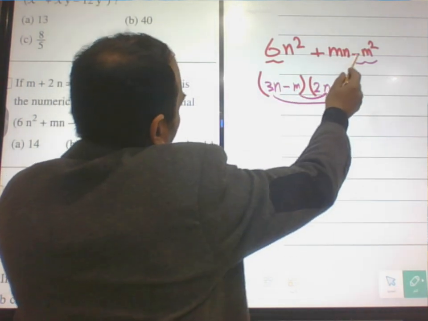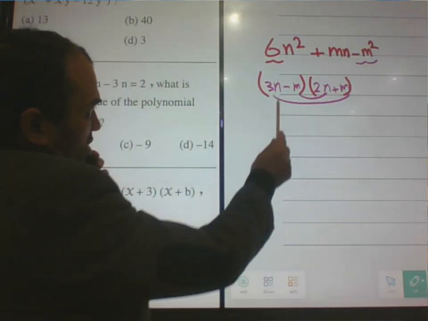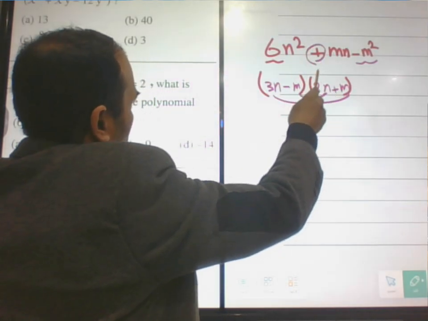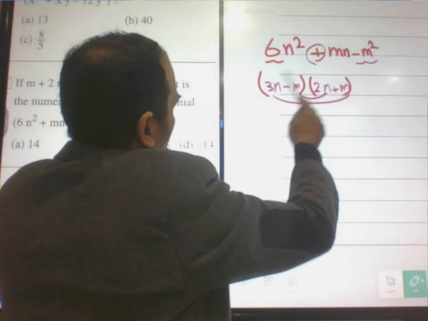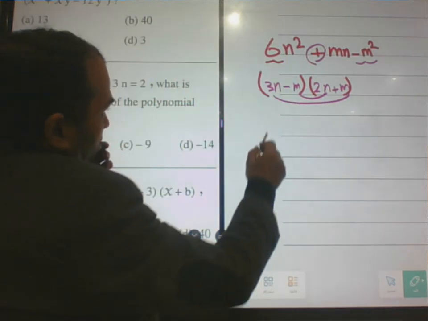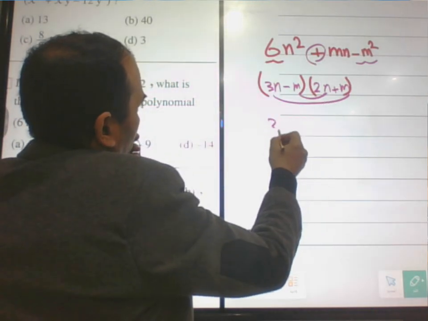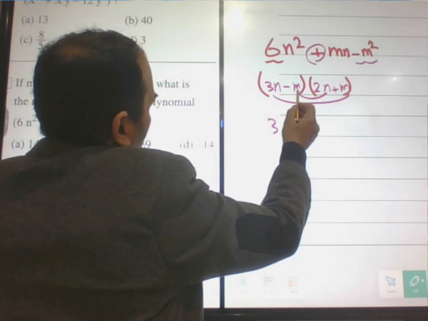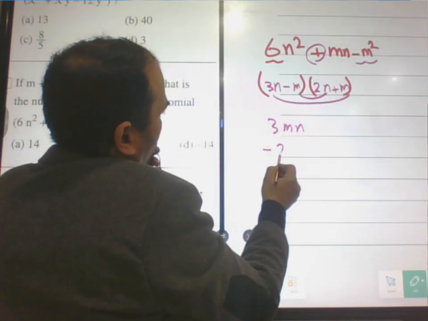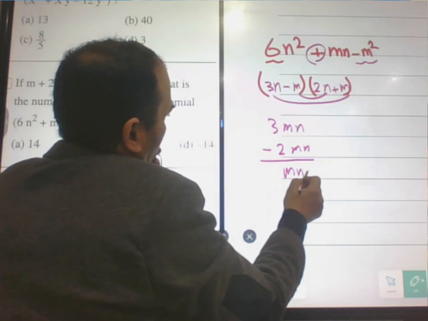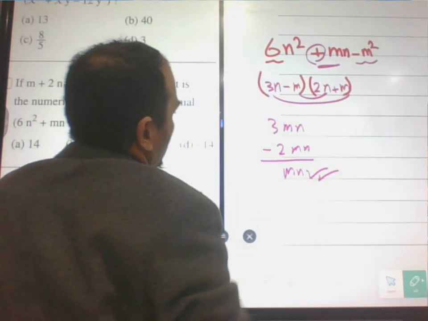Negative times positive equals negative. And the middle was positive. If we add the product between extremes and means, the summation of them equals the middle. Like here, 3n times m will be 3mn, and 2n times negative m will be negative 2mn. If we add them together, it will be positive mn. It's like the middle.